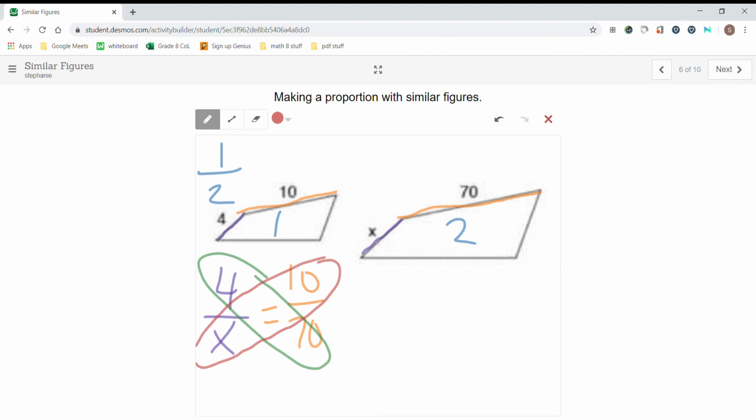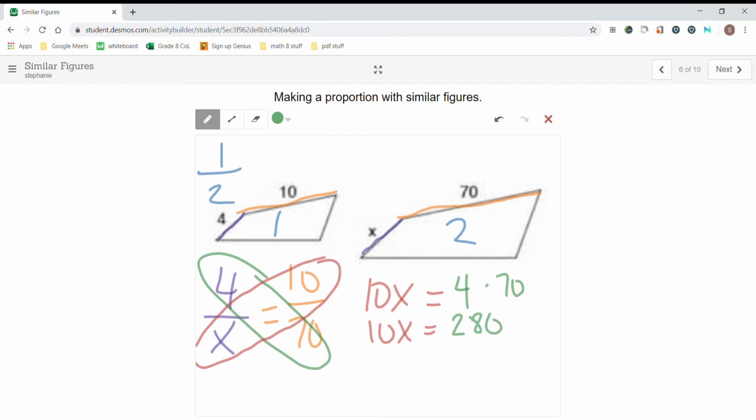So remember, I always like to start with my x first. So I'm going to have 10x equals, well, the other number we have here is 4 and 70. So 4 times 70. I can't do anything with the 10x, so that's going to stay. So I have 10x equals 4 times 70 is 280.